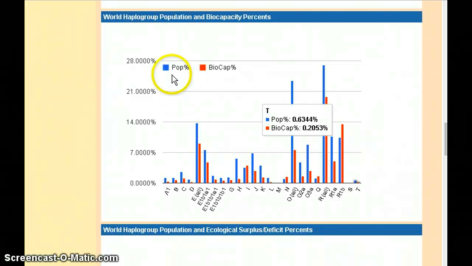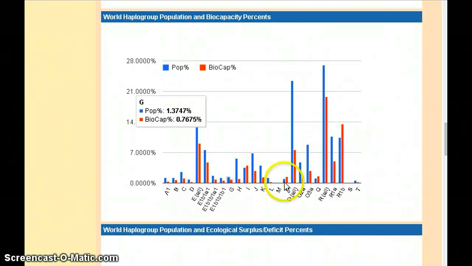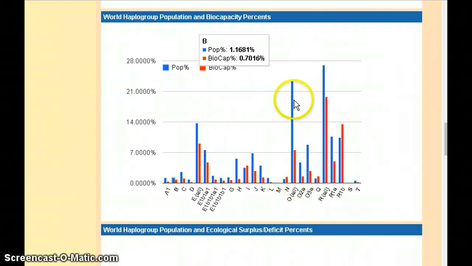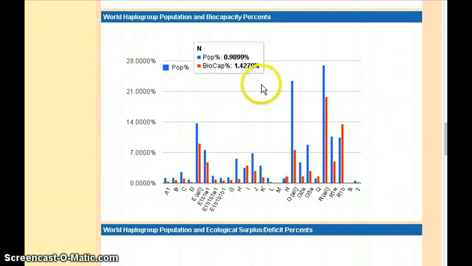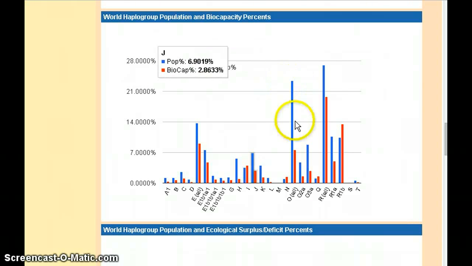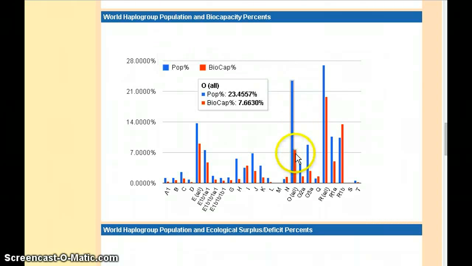They're always matched up against population percentage so that it's easy to quickly see that, for instance, the O group, while representing over 21% of the world's population, is actually in possession of, or at least has access to, just a little over 7%. There's great disparity here.